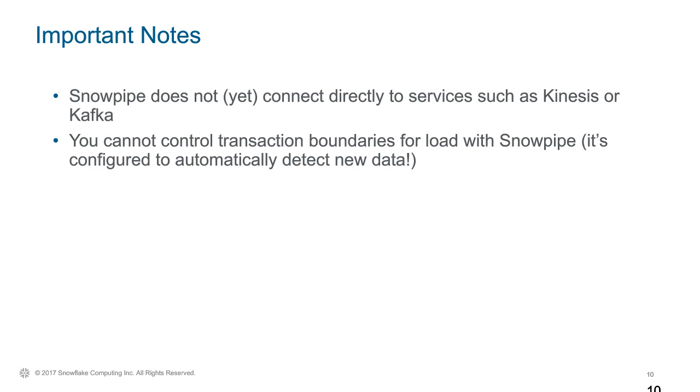The other aspect is that Snowpipe does not allow you to control transaction boundaries across a number of statements. Some of you might be using merge in combination with a copy statement to take the data first into a staging table, but then in a second step from the staging table into other target tables. You don't have the ability right now to define transaction boundaries over a number of different statements with Snowpipe to drive multi-step loading pipelines. So those are probably the two most important things to keep in mind.